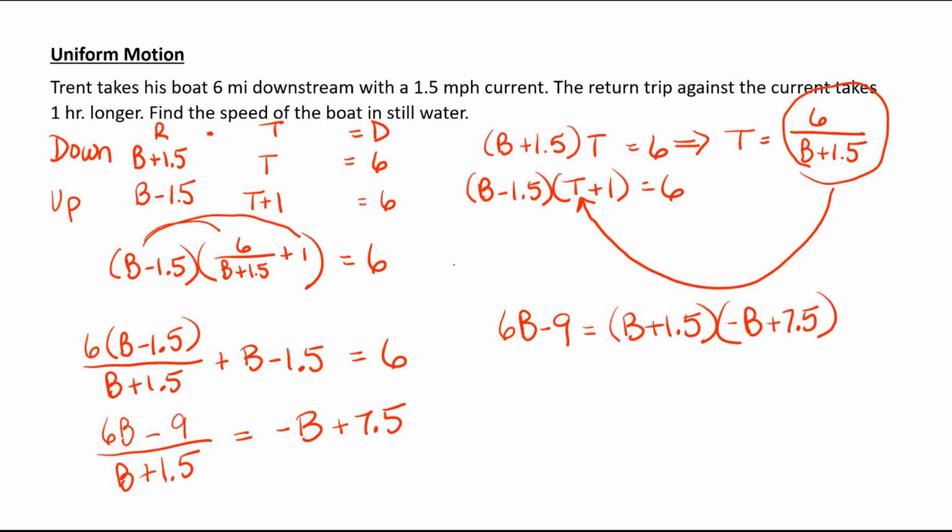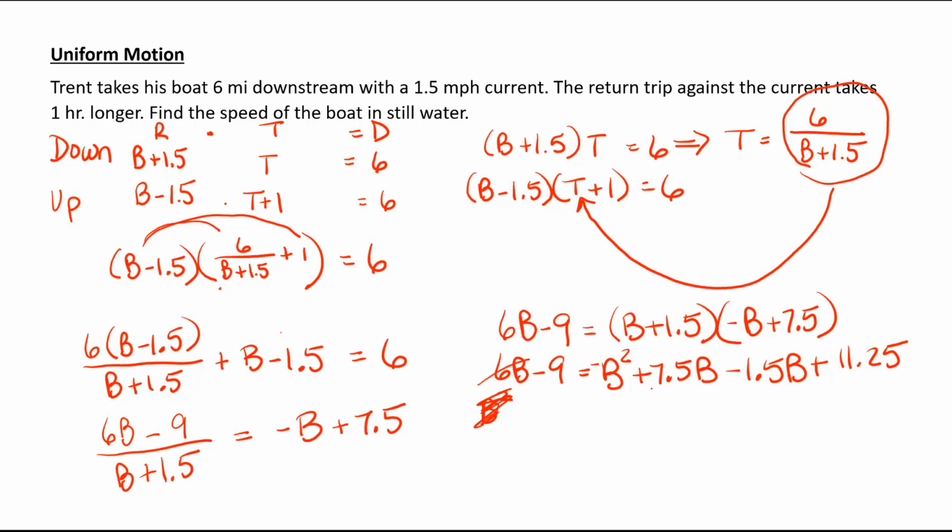So you can see that we're getting ready to have a quadratic equation. 6b minus 9 equals negative b squared plus 7.5b minus 1.5b plus 11.25. You've got 7.5b on the right side minus 1.5b, so that is 6b.